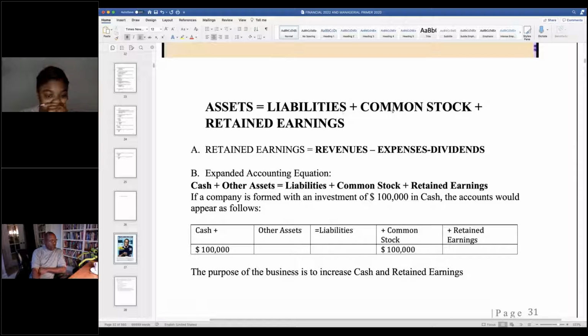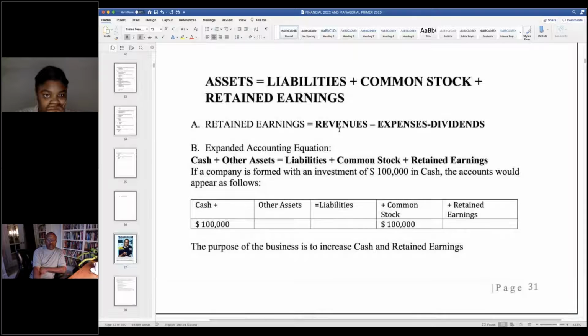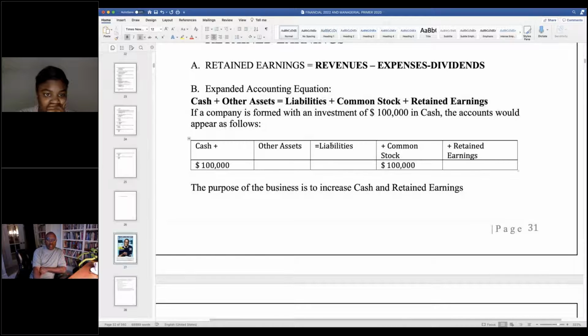Assets equal liabilities plus common stock, and everything falls off of that. And we said if you started a business with cash of 100,000, you put that 100,000 in. The objective of the business is to increase cash through earnings, not by borrowing money.